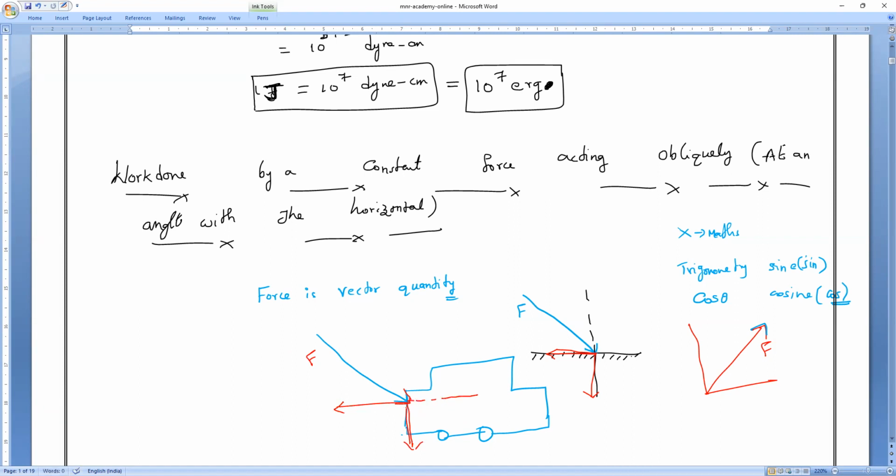One is called the vertical component, because he is exerting the force with the theta angle. Note it, everybody, vertical component, and this is what component? Horizontal component. So in this case, the vertical component is F, and here is the theta. This will become F cos theta, and the horizontal component is F sin theta.